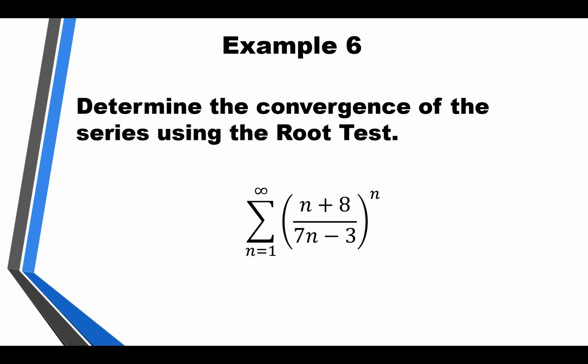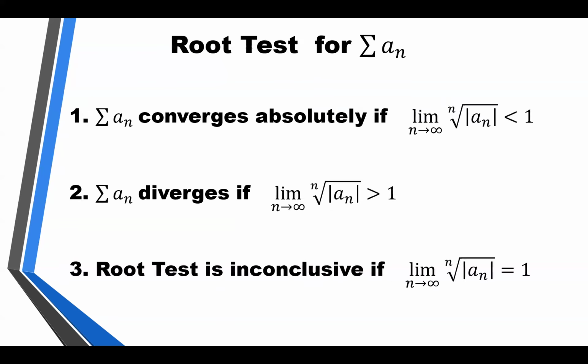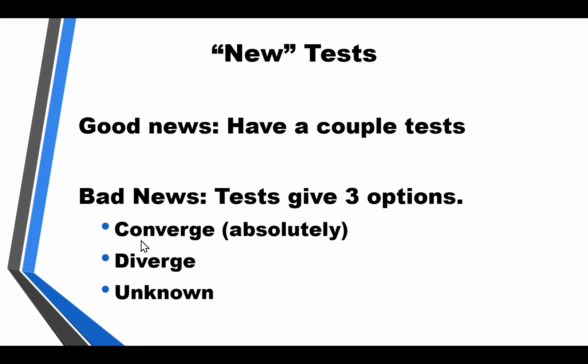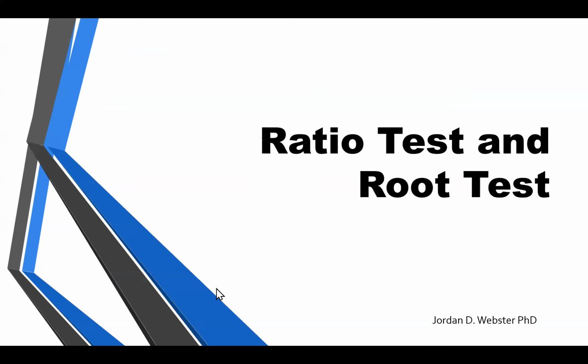So the root test kind of works really, really nice when we have an expression raised to the nth power summed up. But again, our convergence is absolute in these tests. We may have divergence and we may have unknown in these ratio and root tests. So that's the end of this section.